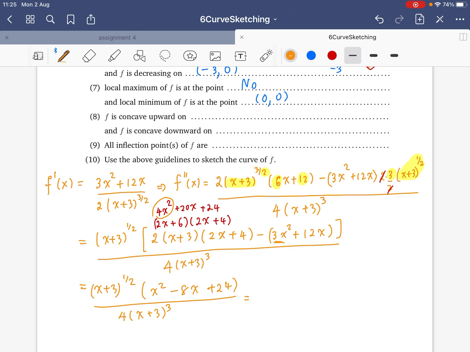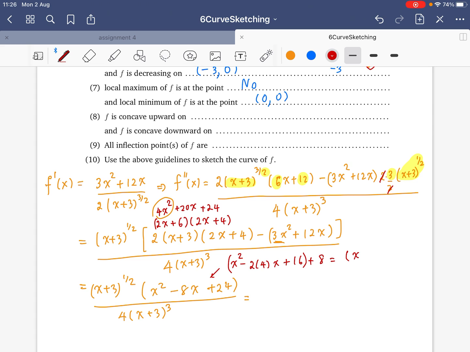So can we do a factorization here? This one is actually x squared minus 8x, and then this is 2 and 4, and then 16, and another 8.